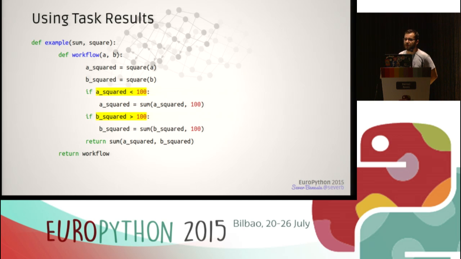So here I'm squaring two numbers, and then I may want to do some optional additional computation, and it's not clear in what order the if conditions should be written, because if in this case the B computation, so squaring of the B, is the first one to finish, because I have the conditional on the A value, it will have to wait until the result for A is available to progress further in the workflow.